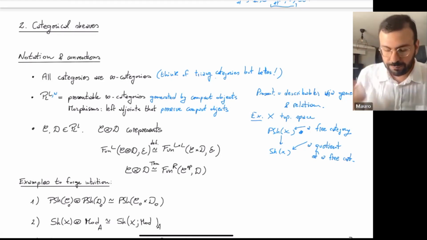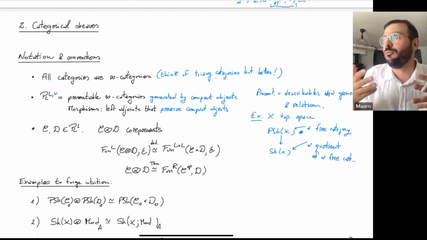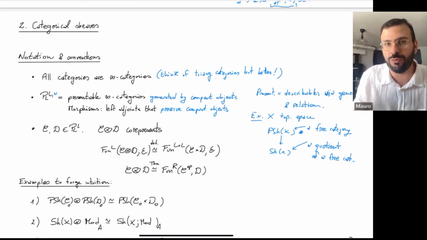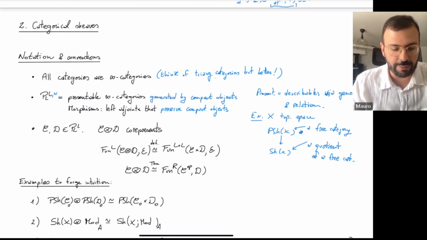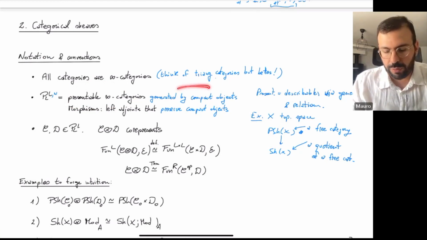So presentable categories are essentially what finitely presentable modules are with respect to all modules somehow. The pre-sheaves are free, and then we look at the quotients of them by localizations, and we get what I call presentable.